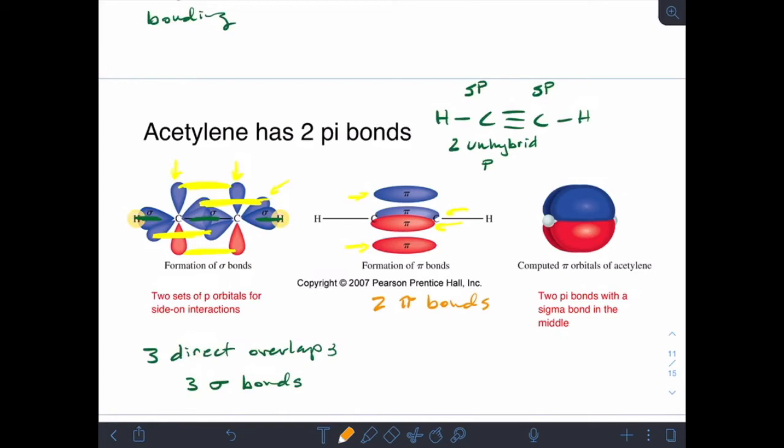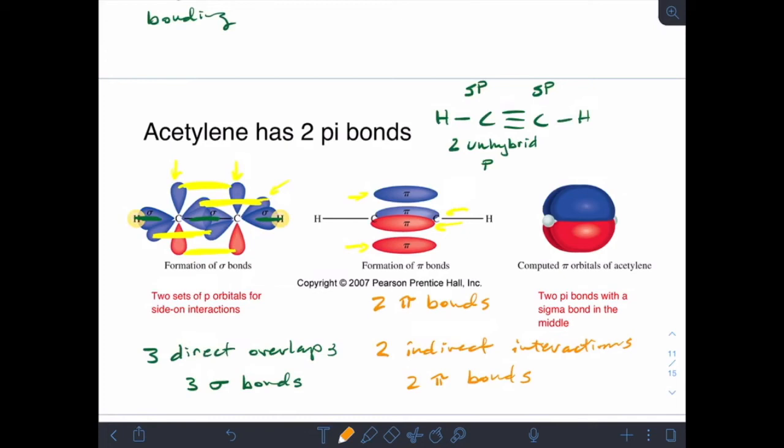So if I have three direct overlaps, I have three sigma bonds. If I have two indirect interactions, I have two pi bonds.